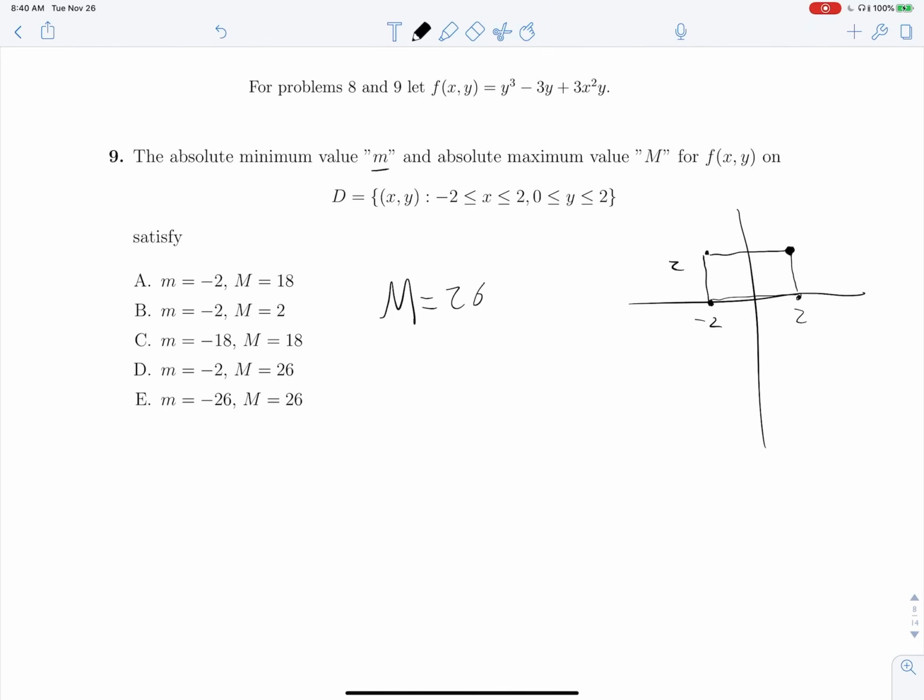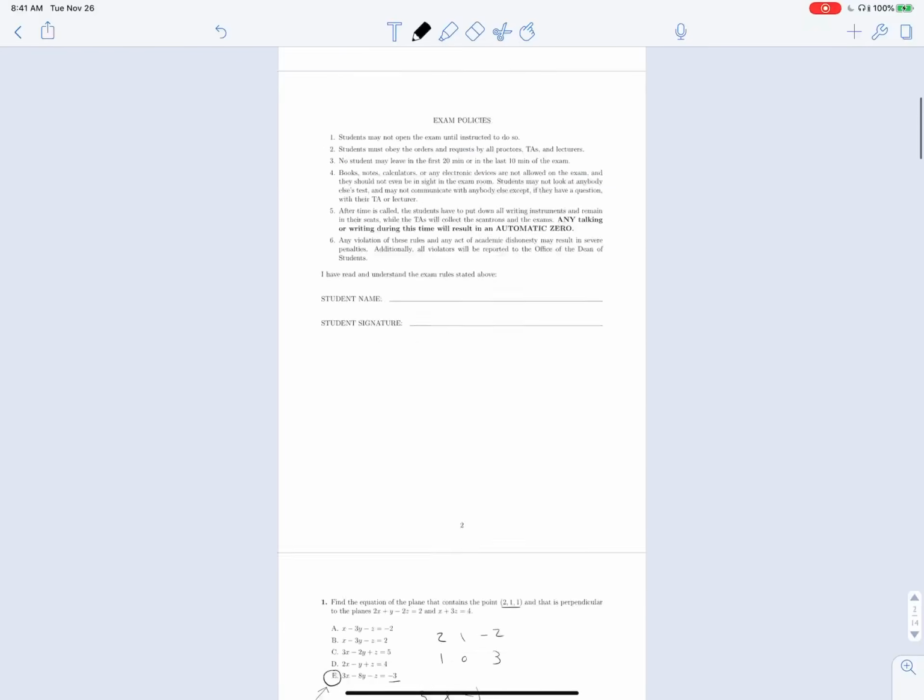What we saw earlier, when we plug y equals 1 in, we will get 1 minus 3, and then since we don't want to add anything to our function, we're looking for a minimum, we can set x equal to 0. And so this will give us a min of negative 2. And so D should be our answer.